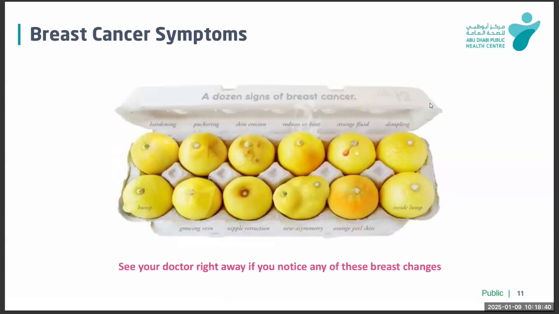So talking about the breast cancer symptoms, these are the oranges that are demonstrated to show different types of signs and symptoms that can manifest the presence of breast cancer. Number one is hardening of the breast tissue. Usually there are cyclical changes every month in some females that are totally normal.